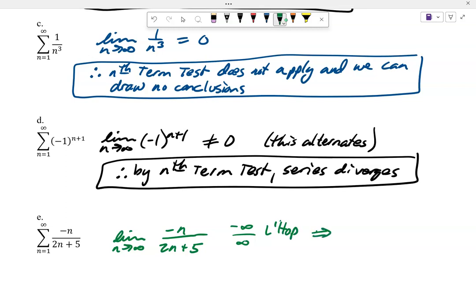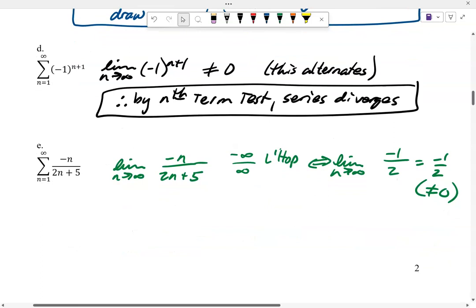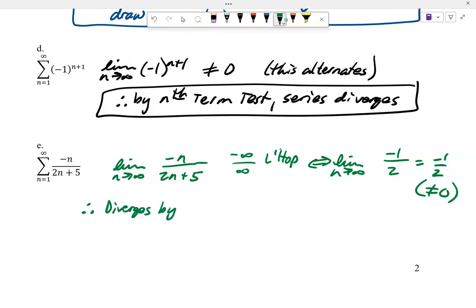Using L'Hopital's this time, take the derivative of the top, the derivative of negative n is negative 1, and the derivative of the bottom is 2 plus 0. So we get negative a half. Well, that's not 0. So once you get your limit of negative a half, either algebraically or with L'Hopital's rule, then you can conclude this diverges by the nth term test for divergence, right?